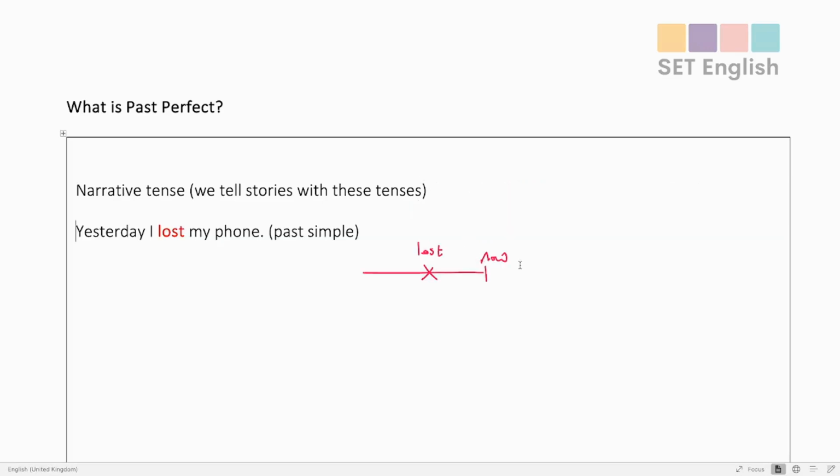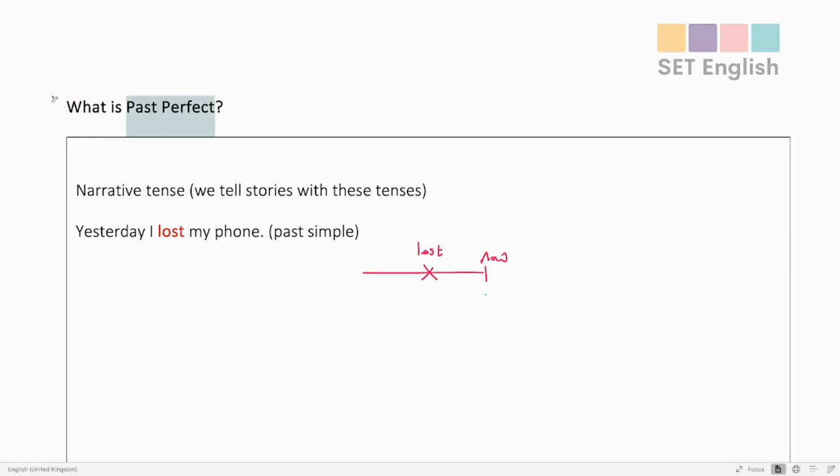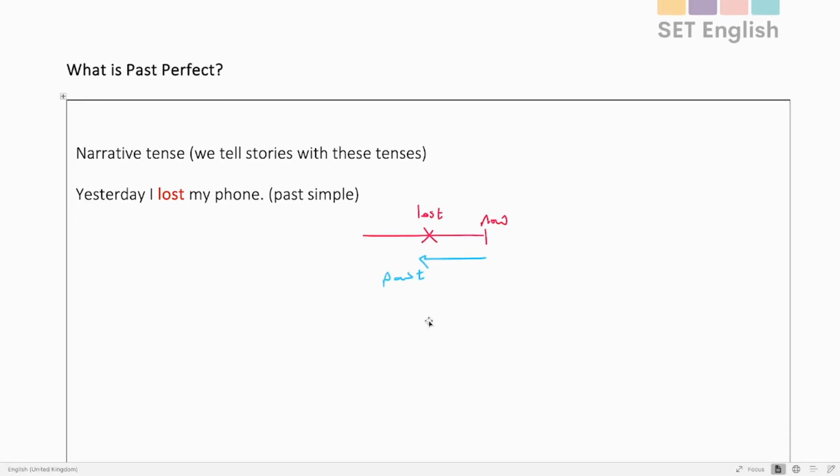All right. Now, it does get a little bit trickier than that because we've got the past perfect. And remember that for all of this, what we're doing is we are going backwards from the present, okay, into this area. That's the past. Okay, that's all in the past. Now, ask yourself, what does the word perfect mean?